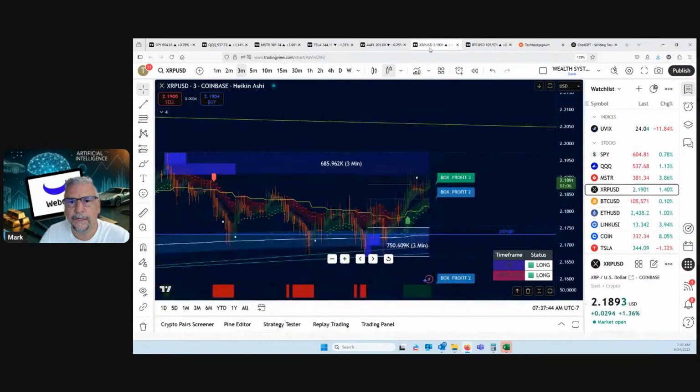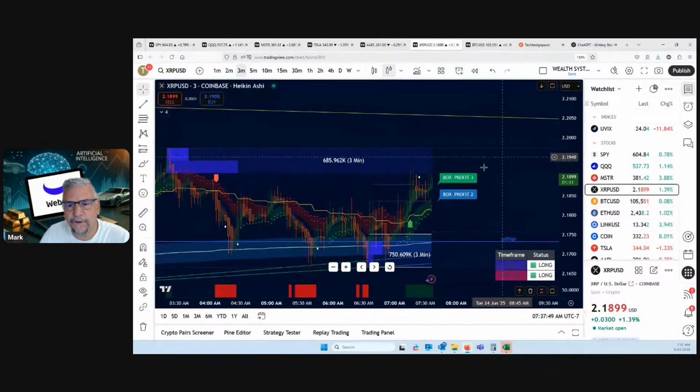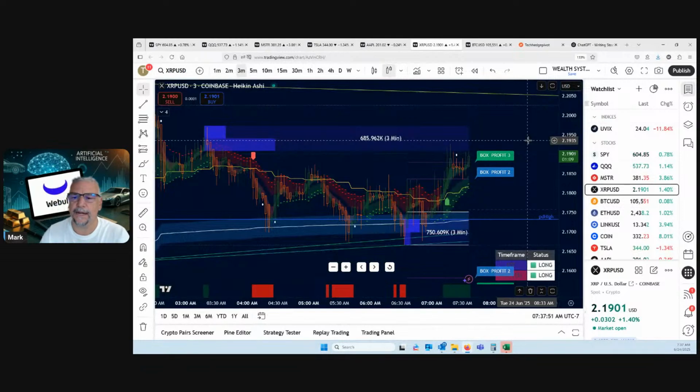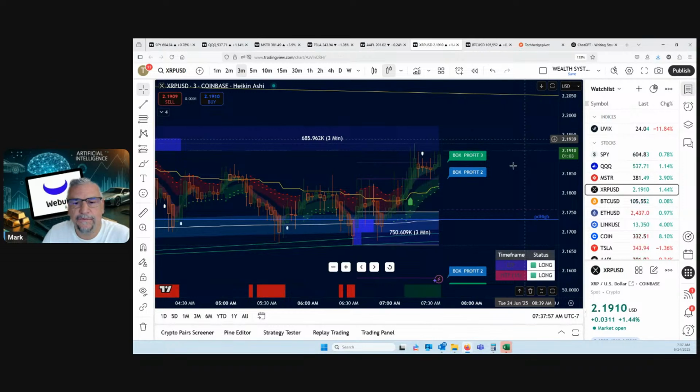So XRP is a little decoupled from Bitcoin, but I think crypto right now, Bitcoin, altcoins, XRP, Ethereum, different tokens are following pretty much the same pattern. There's times where they do decouple, but for the most part, they follow similar trends. So very happy to see XRP, Bitcoin, Ethereum in the green.